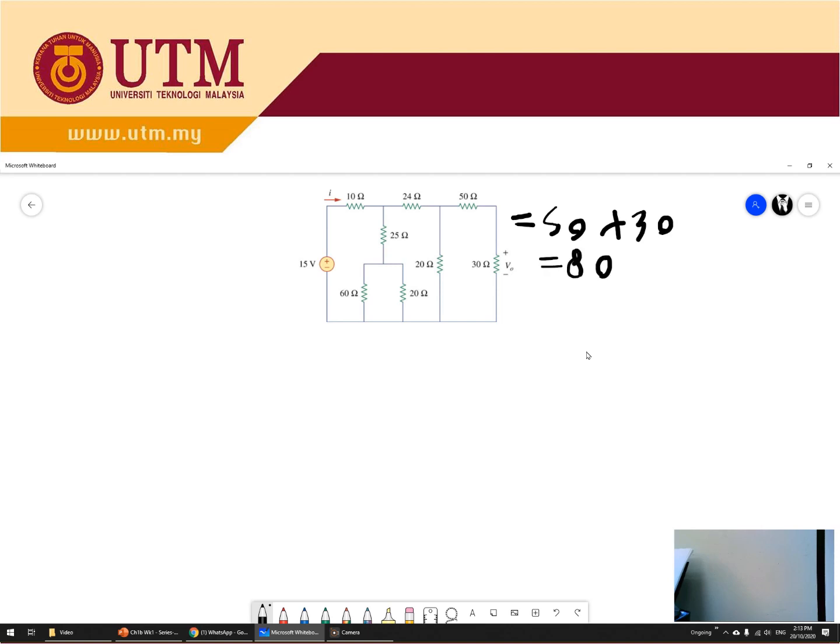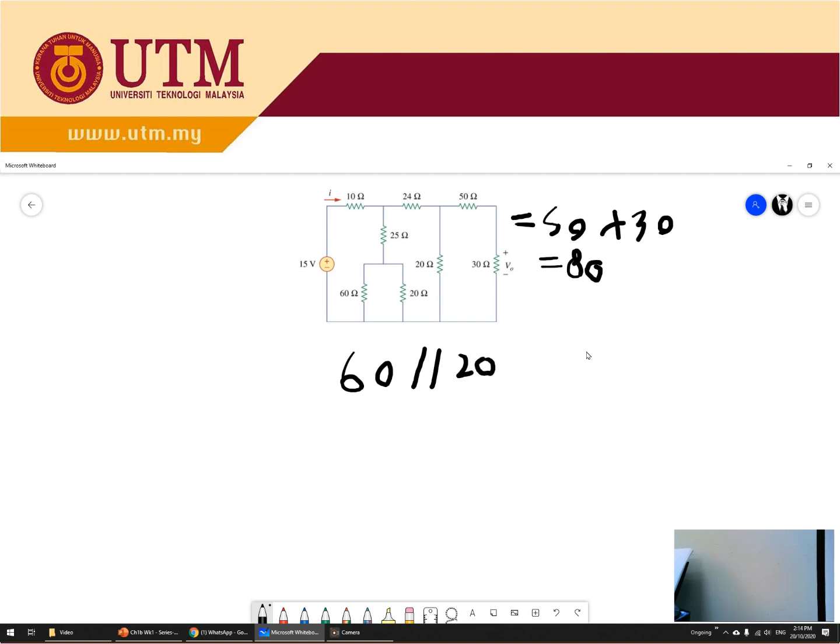For this one, you use the parallel formula. Req equals 60 parallel 20. This is the symbol for parallel.